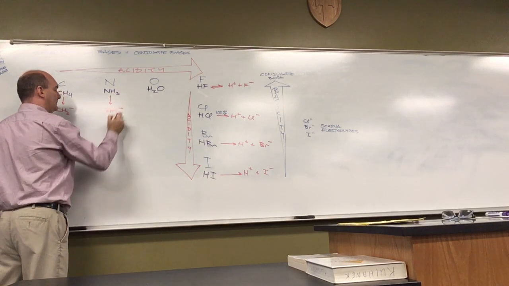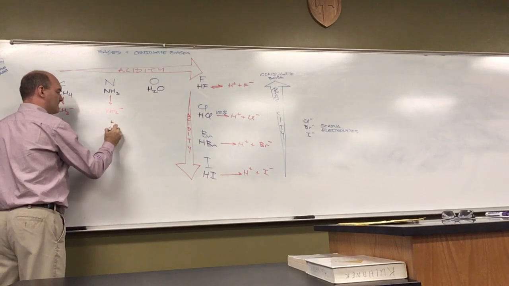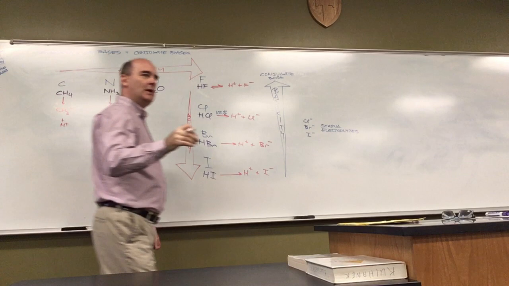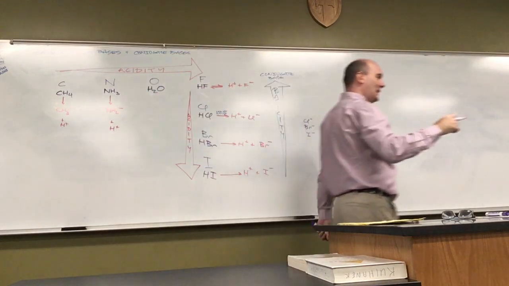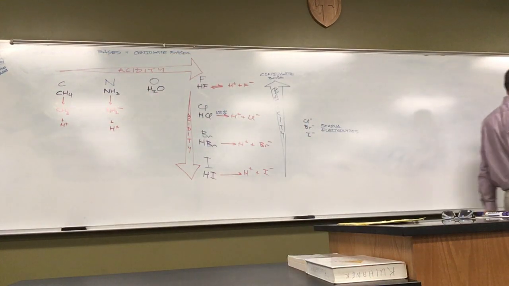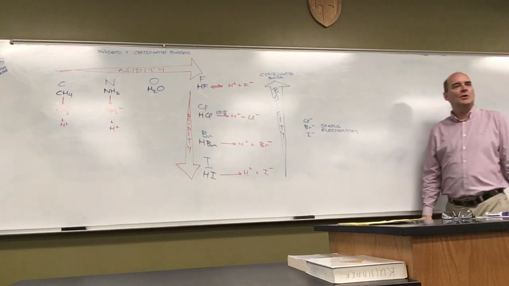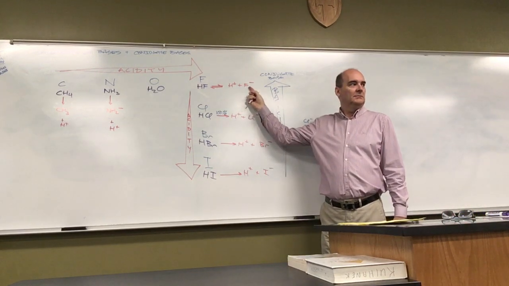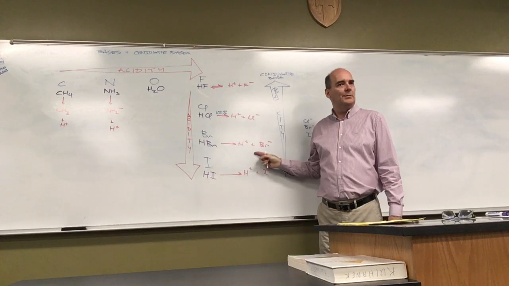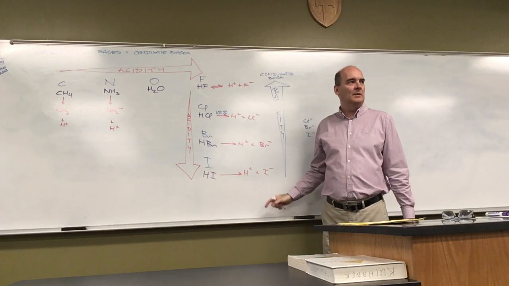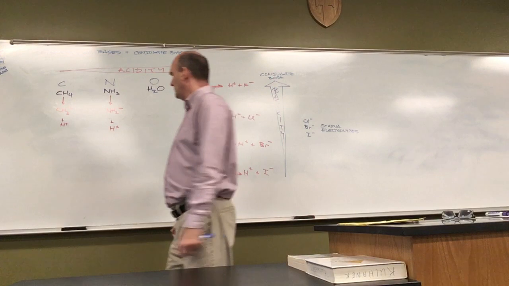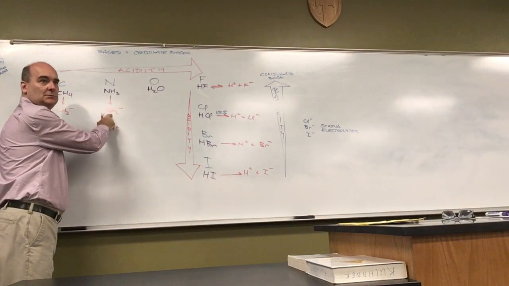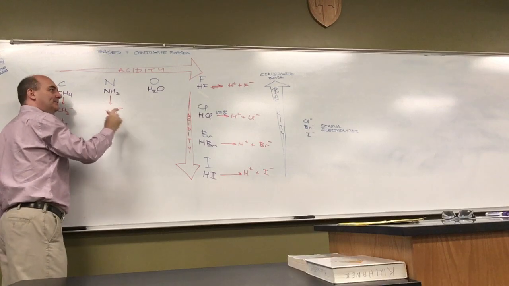My ammonia has now gone negative. Ammonia we've seen go positive and went ammonium. And when things go negative, fluoride, chloride, bromide, iodide. When they go negative, this is amide, A-M-I-D-E.